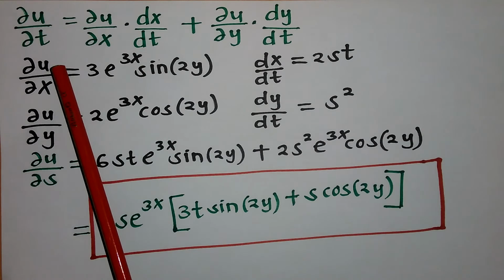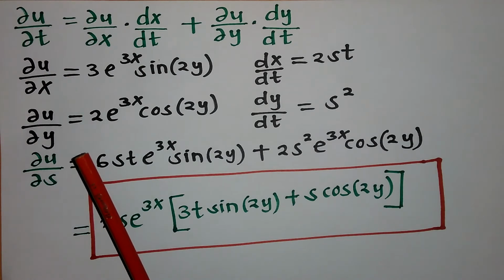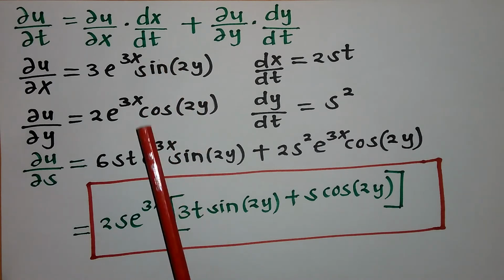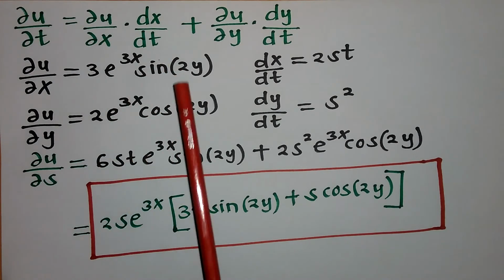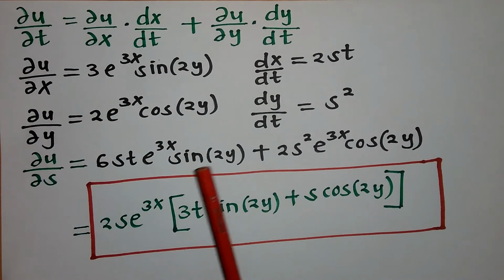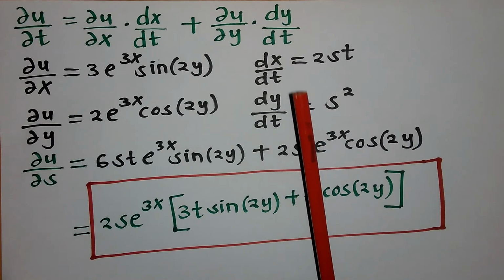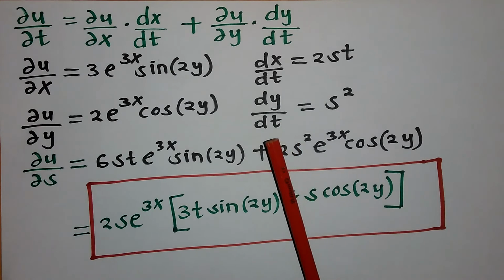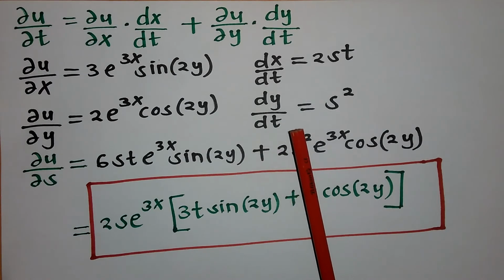Already we earned the values for the derivative of u with respect to x and the derivative of u with respect to y, so we are just going to copy them here. The only thing that we need to calculate is the derivative of x with respect to t and the derivative of y with respect to t.